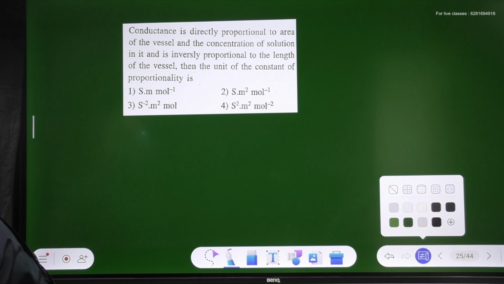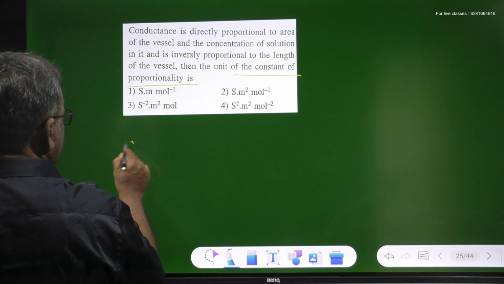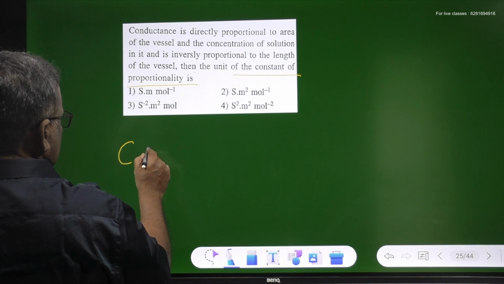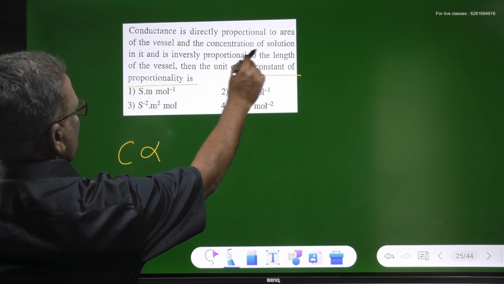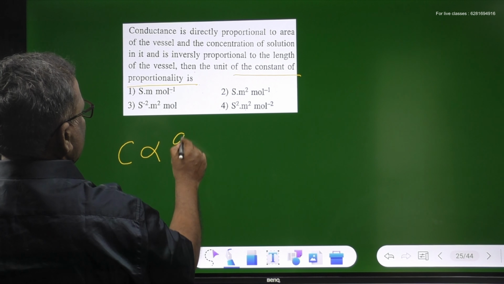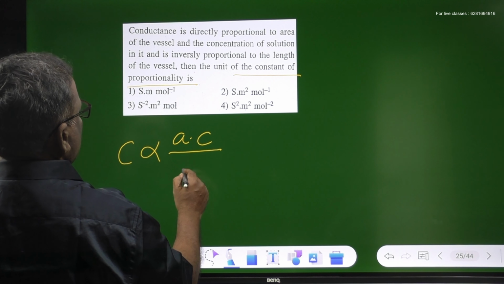The conductance is directly proportional to the area of the vessel and the concentration of the solution, and it is inversely proportional to the length of the vessel. Then, the unit of the constant of proportionality. So conductance is directly proportional to the area of the vessel and concentration, and inversely proportional to length.